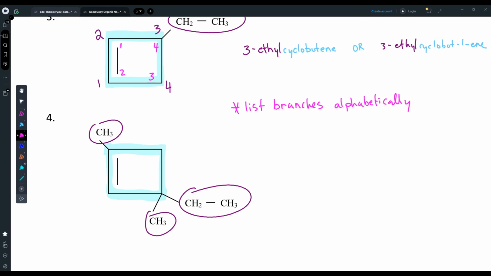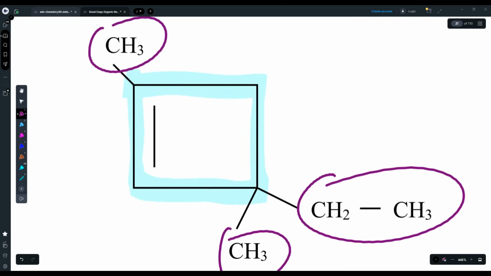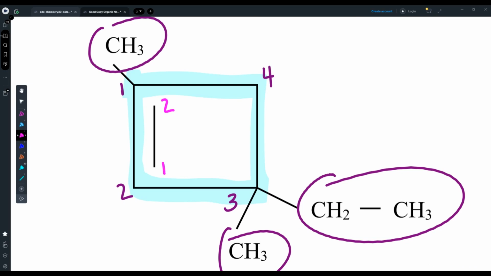That's a key small detail to remember for your branches. For numbering our carbons, we could go like this, or we could go like this.